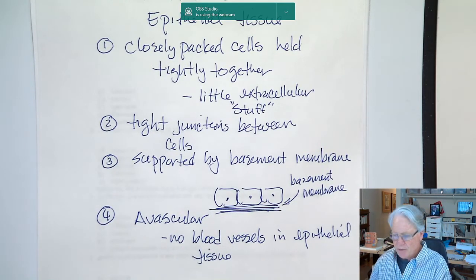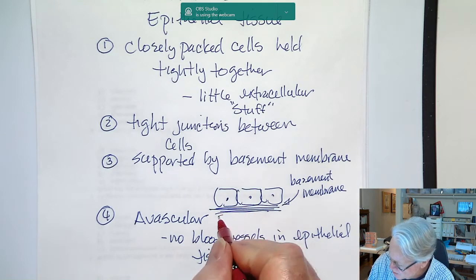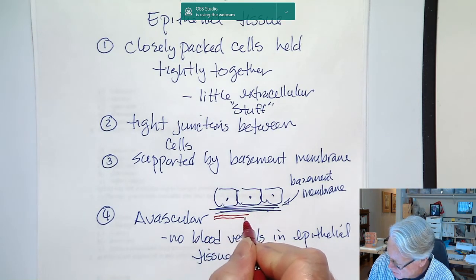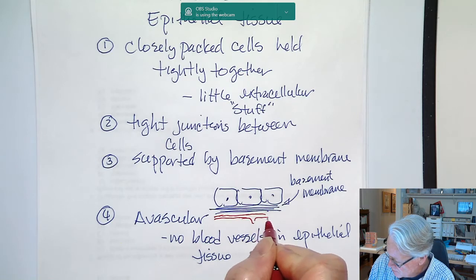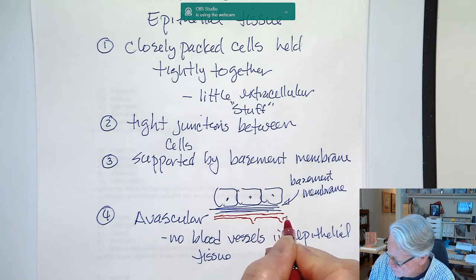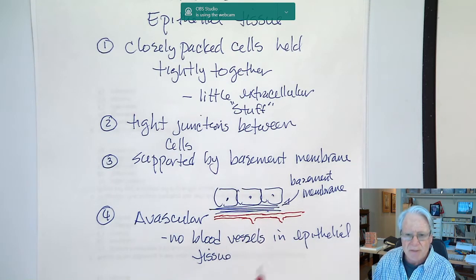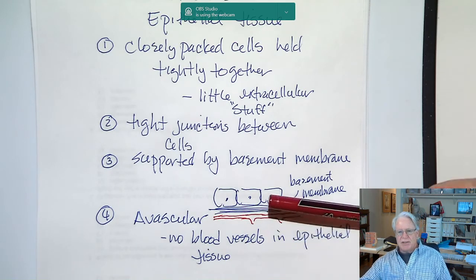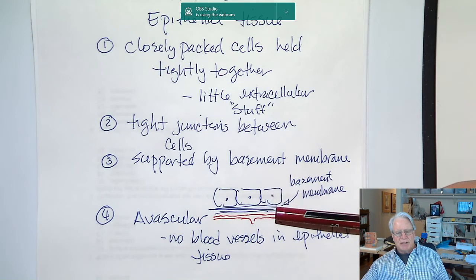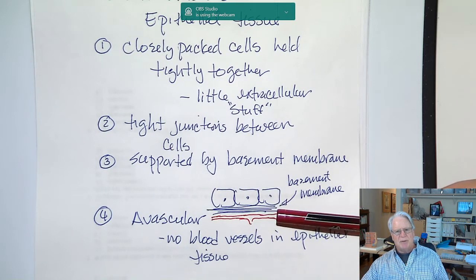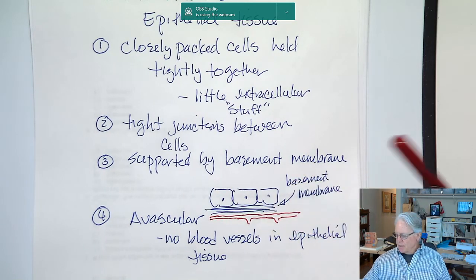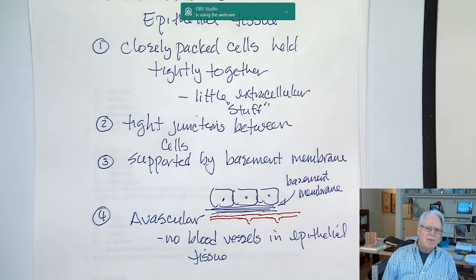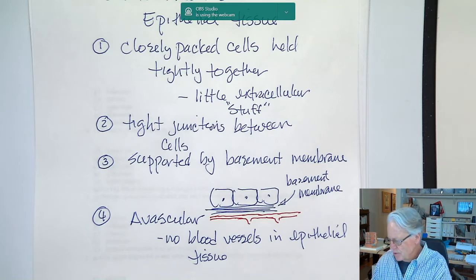They have to be in order to keep the cells alive. What you typically see is the blood vessels just underneath the basement membrane, but not in the cells, not up here in the cells, but associated with the basement membrane. And so within the epithelial tissue itself, no blood vessels. So it's considered to be avascular. All right.